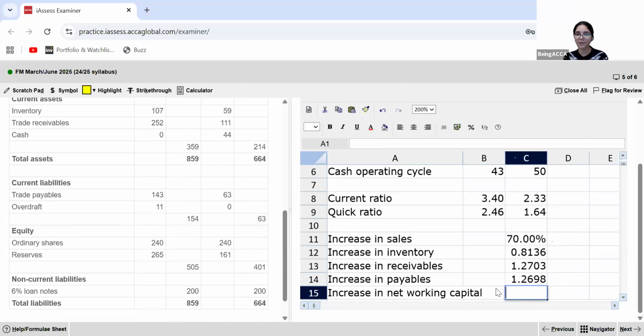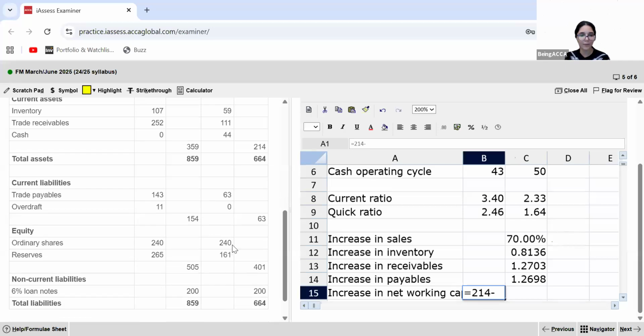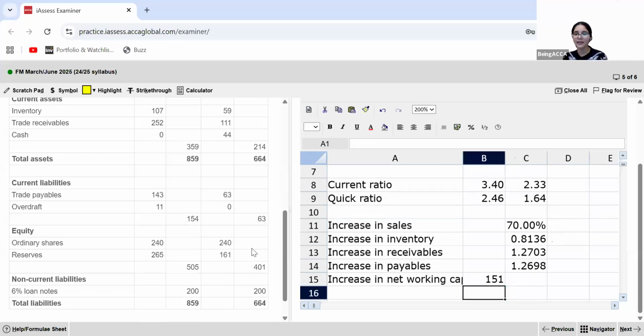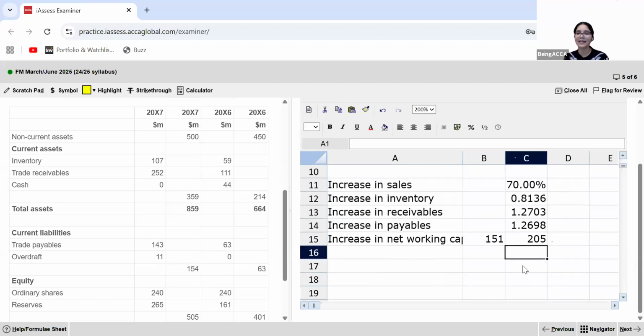Earlier, my working capital was the total of my current assets, 214, minus the total of my current liabilities, 63. Now I have 359 as the total of my current assets. If I take away my current liabilities of 154, this is what my working capital looks like right now.